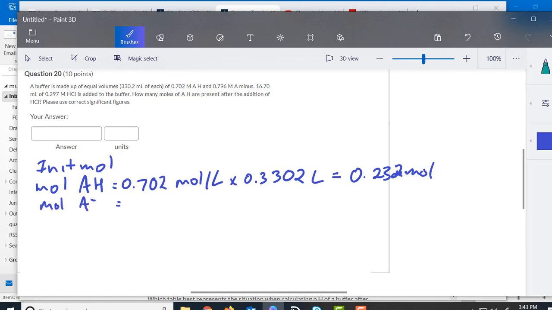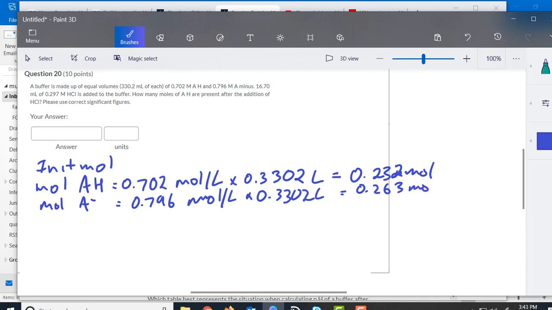Do the moles of A-, that's going to be 0.796 moles per liter times 0.3302 liters, and that's going to be 0.263 moles.